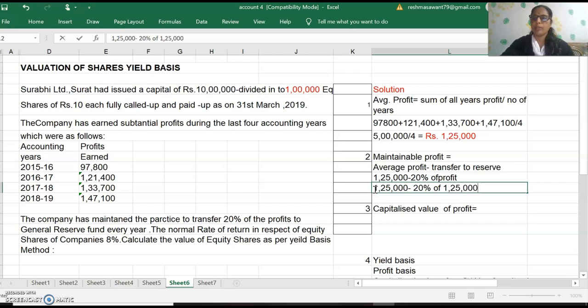Whatever the amount of average profit is in your calculation.